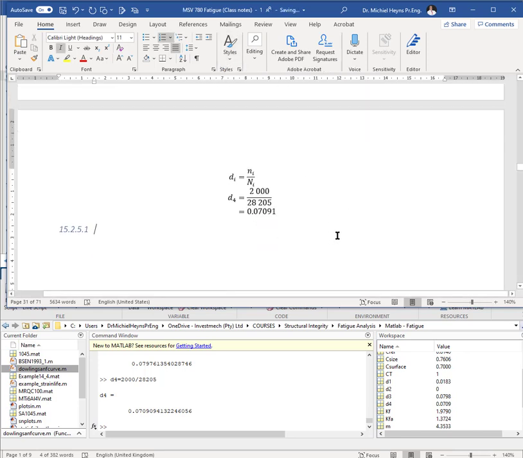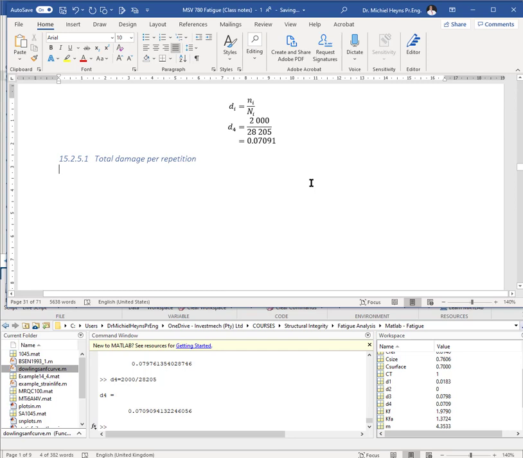Let's calculate the total damage. Remember, that is for the duration of the stress spectrum, and the stress spectrum was for 1 repetition.